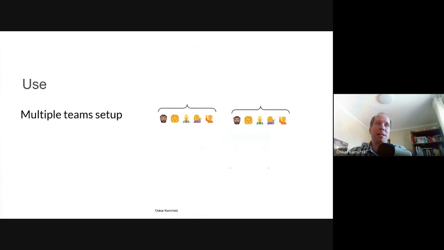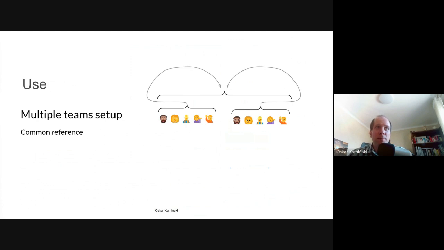When many teams set their reference sets independently, then those sets and corresponding velocities are incomparable. Technically, the reference sets and velocities can be aligned by all teams creating a common reference. So a single reference set for all of them.